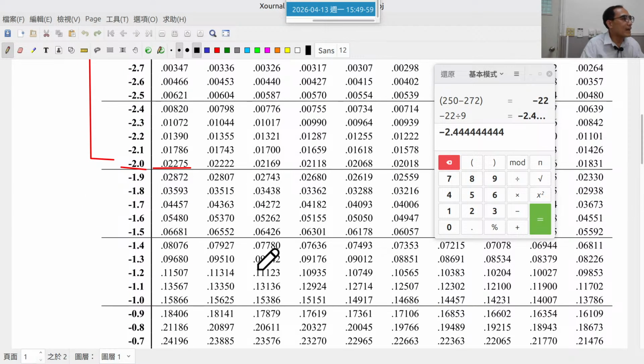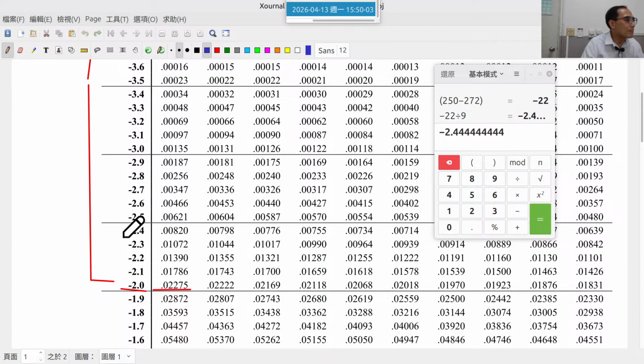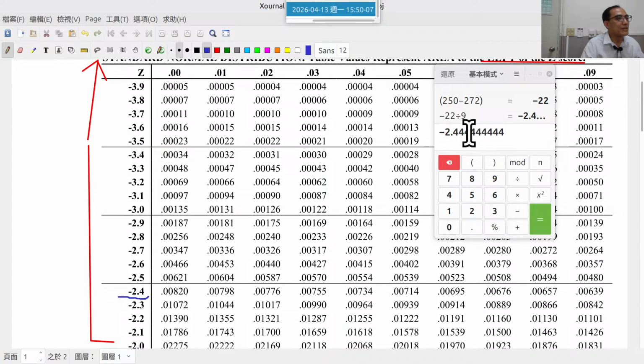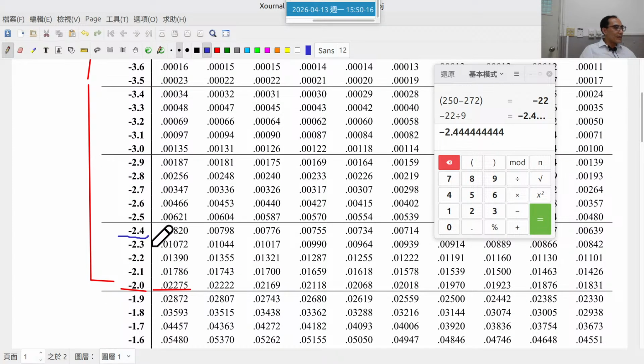Okay, minus 2.4, I use the blue one. Then the second decimal here. Okay, and now we can know the answer will be here.